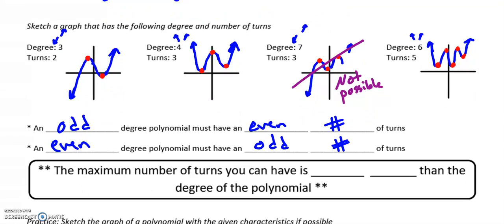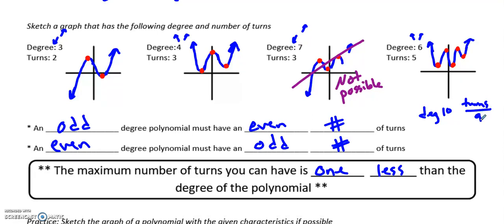And then there's also another, bigger rule. The maximum number of turns you can have is 1 less than the degree of the polynomial. And this is the maximum number of turns. So if I had, for example, a degree 10 polynomial, and I'm looking at turns, the most turns I could have is 9.